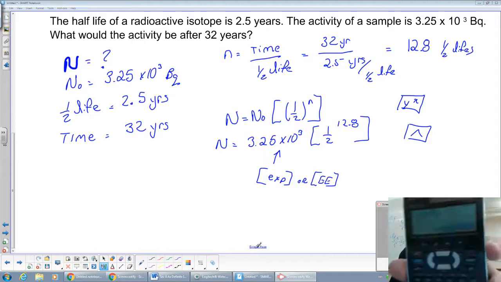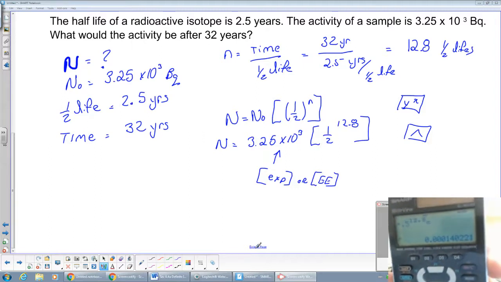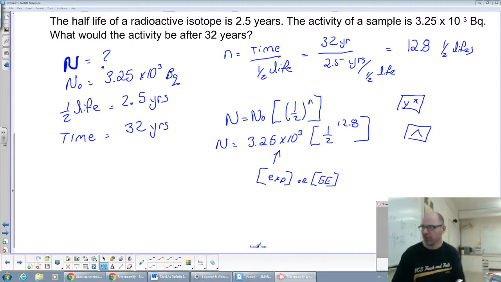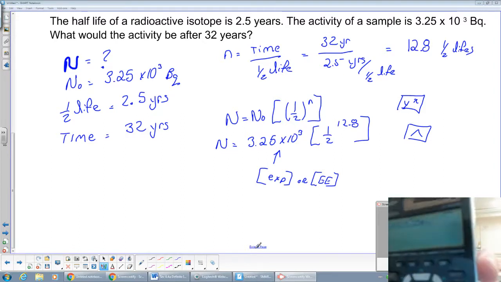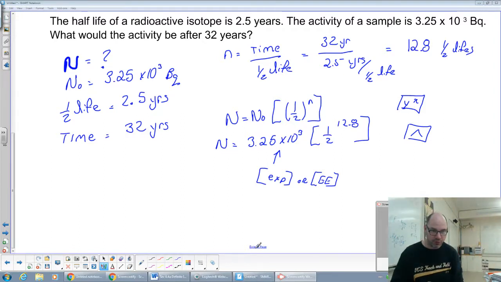You get that number if you've done it correctly. Then you multiply by 3.25 scientific notation, which gives me an E like that on my calculator, 3, equal sign.